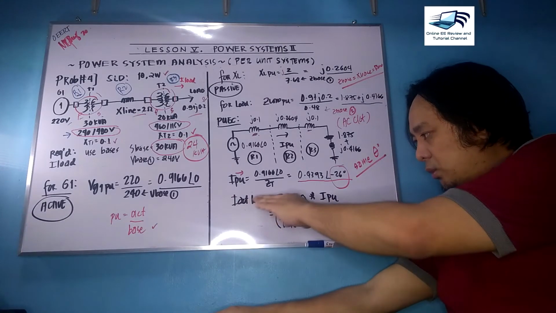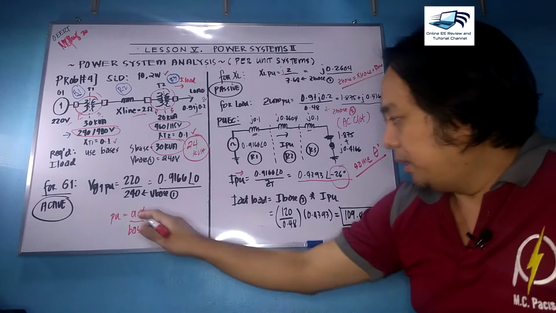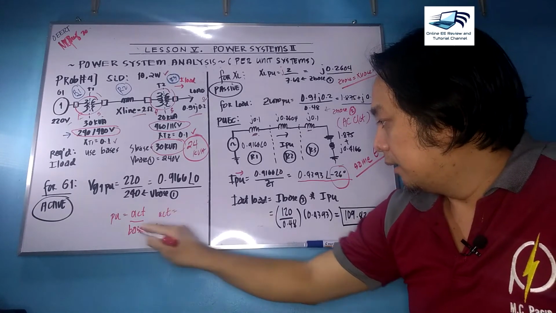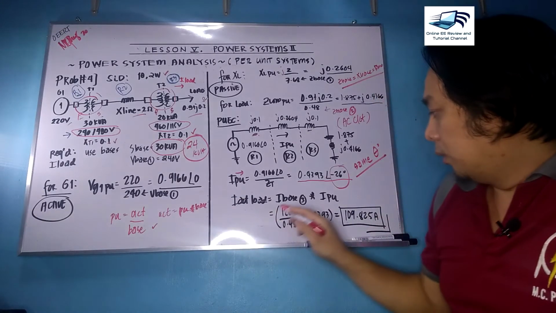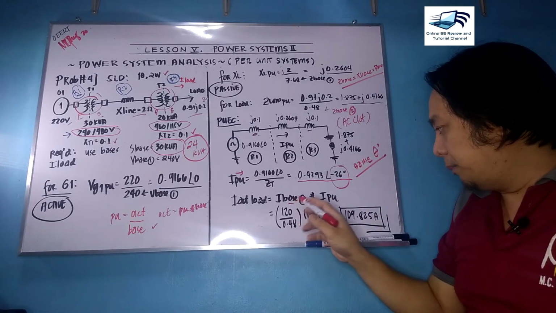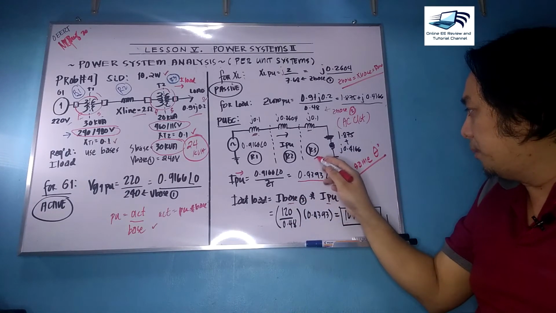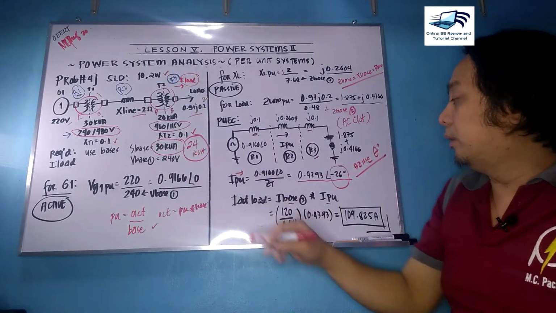And last but not least, to get the actual value, actual is per unit multiplied by base, that is I base times IPU. However, how can you get I base? It must be in the third region simply because your load is in the third region.